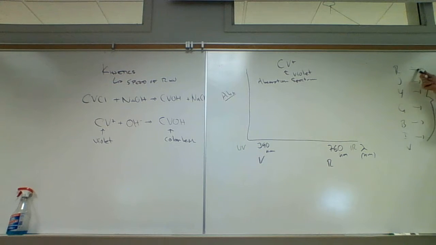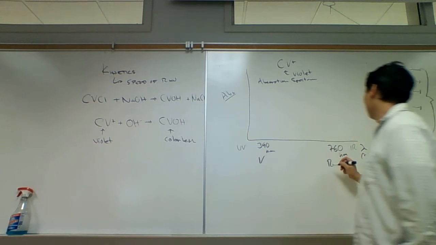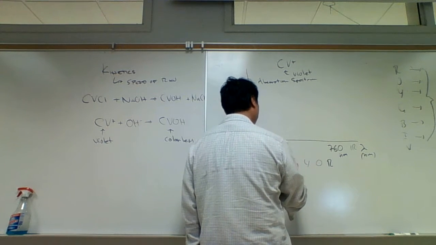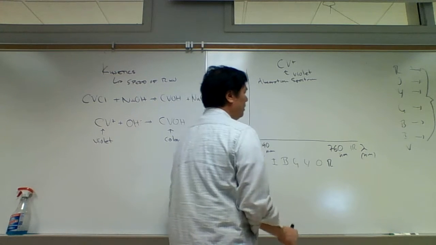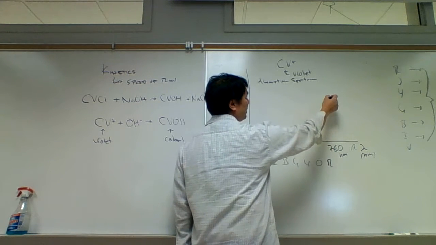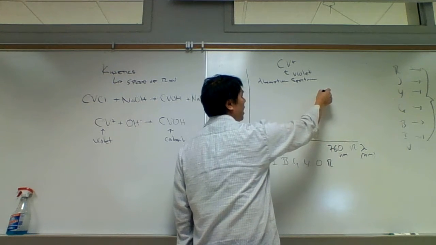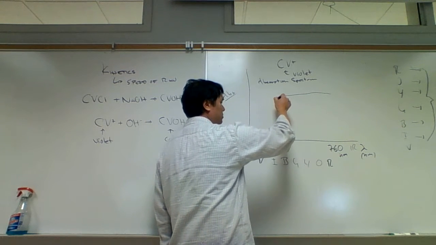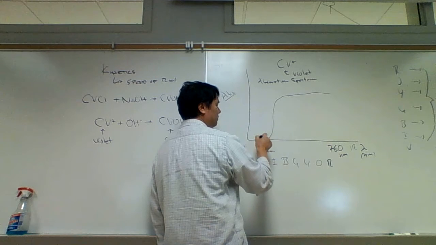And so the spectrum, what would the absorption spectrum of this look like? Well, we just filled in red, orange, yellow, green, blue, indigo, violet. And so this would be absorbing red, so we expect it to have high absorbance reading. And in fact, it absorbs all colors of the rainbow except for violet.